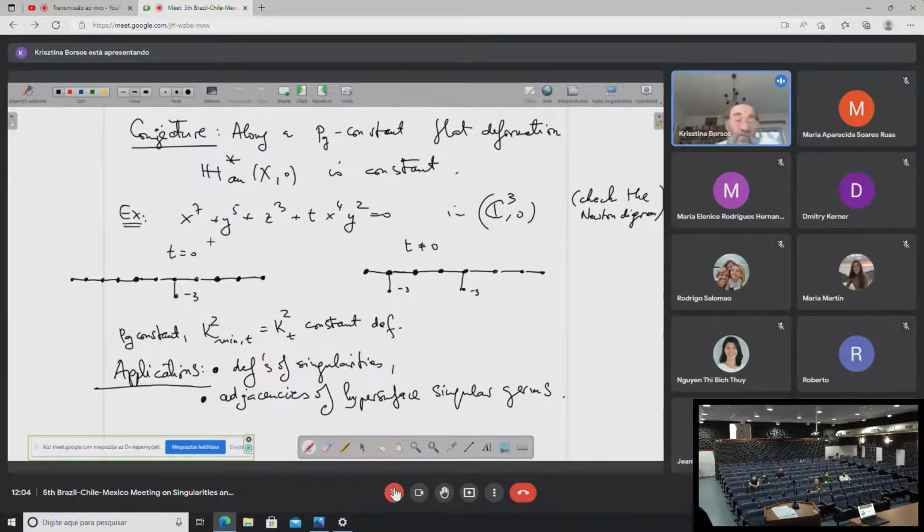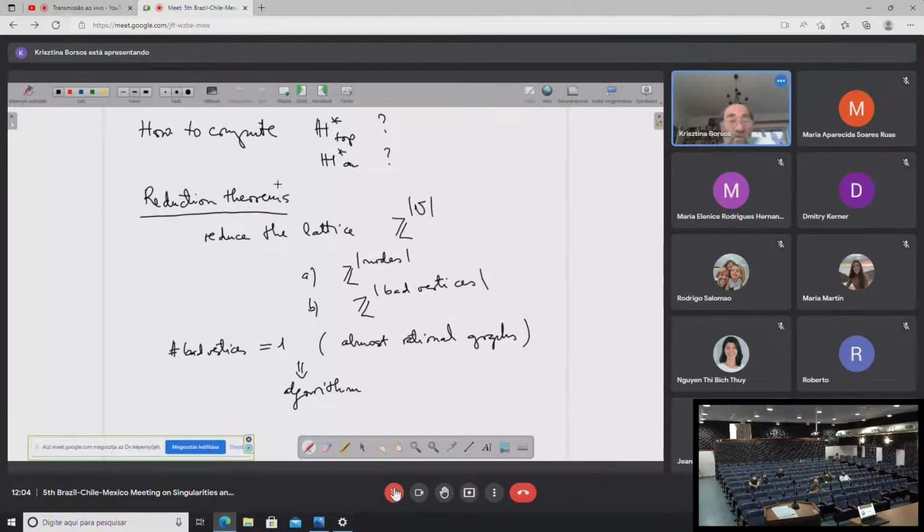Of course, I don't claim that these theorems are very easy to prove, but these are the next steps, to study the connection with deformation theory. And yes, several properties, reduction theorems about both of them, how to compute.